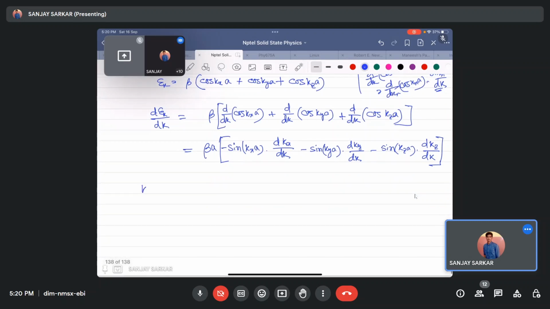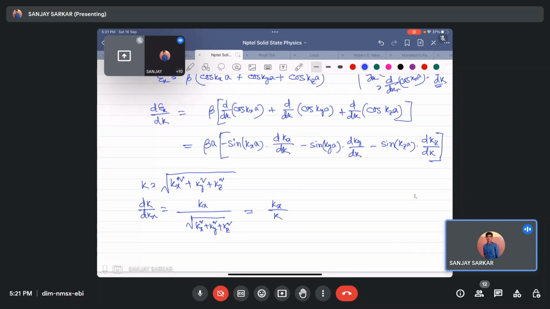Now what is k? k is the square root of kx square plus ky square plus kz square. So any derivative with respect to kx will be kx by the square root of kx square plus ky square plus kz square, which is kx by k.